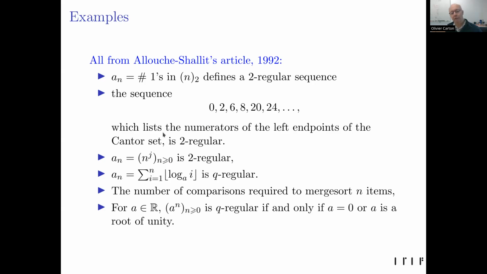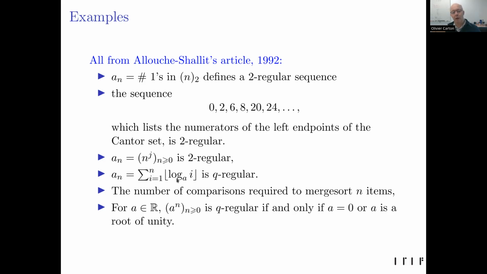It can be easily seen that regular sequences are closed under many operations, namely they are closed under addition, and therefore any sequence given by a polynomial is actually 2-regular for the same reason. And also, if you take a sum of logarithms, it is still Q-regular.